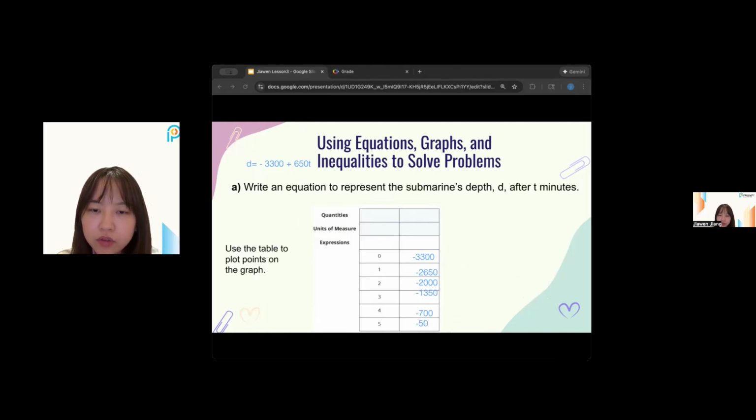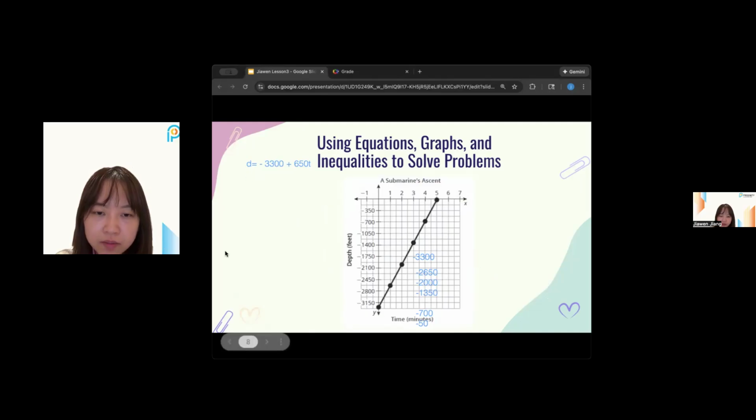So let's try to use this table to make a graph, right? Because this table shows points. A graph shows the same information just visually. So let's connect those points, and then you will get this. The first one, at 0, you got minus 3,300.